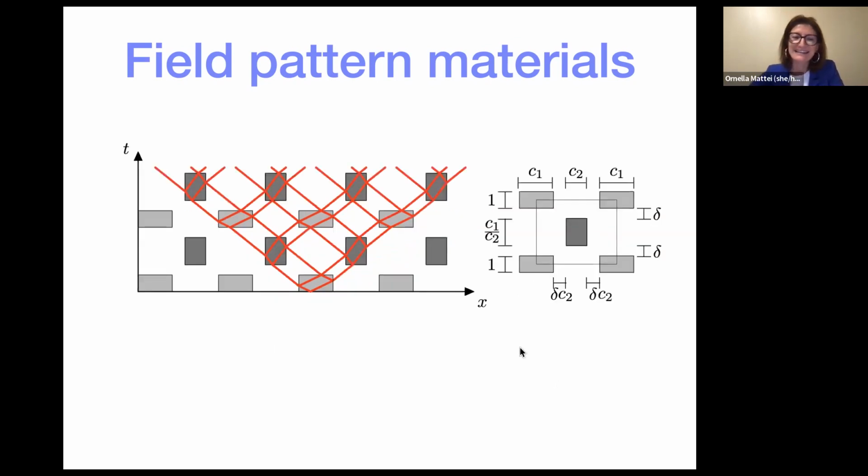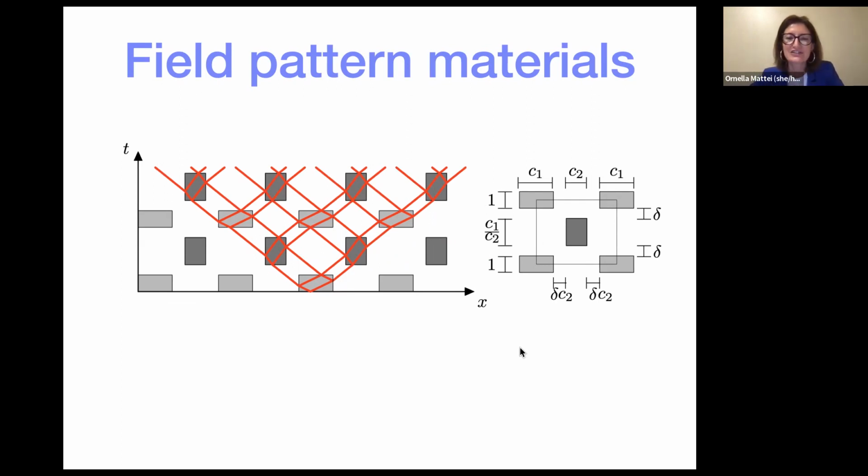However, the condition for which the two wave speeds are equal to each other is kind of restrictive. So let's try to see if we can come up with something better, a geometry where the wave speeds are not equal to each other.